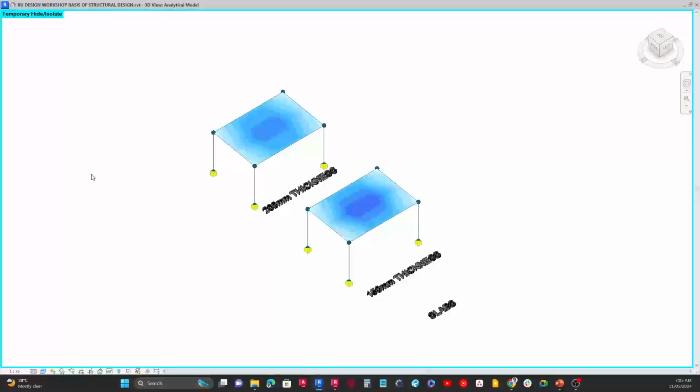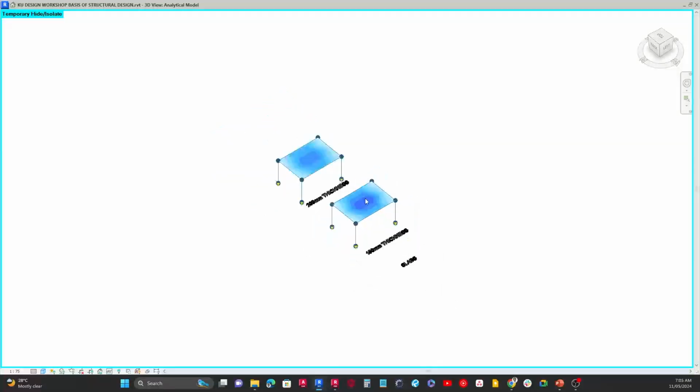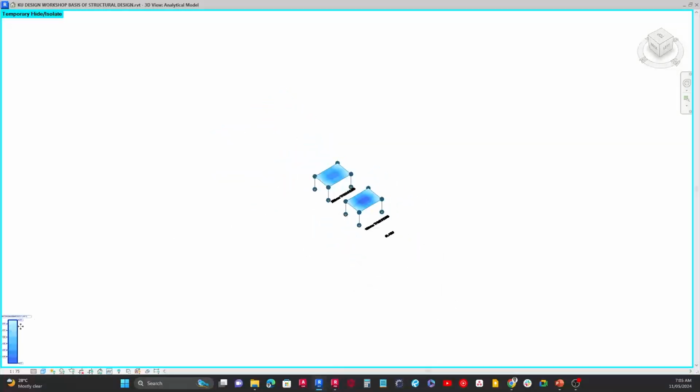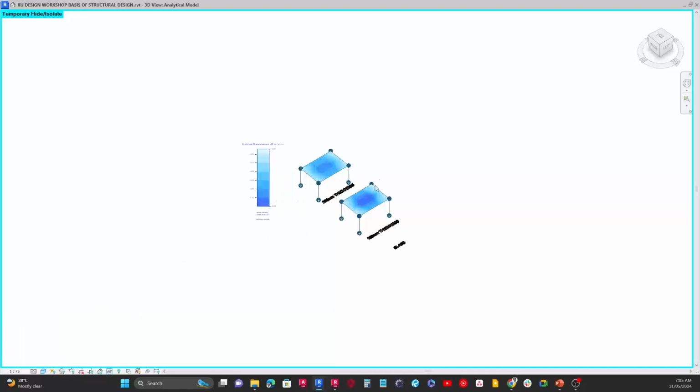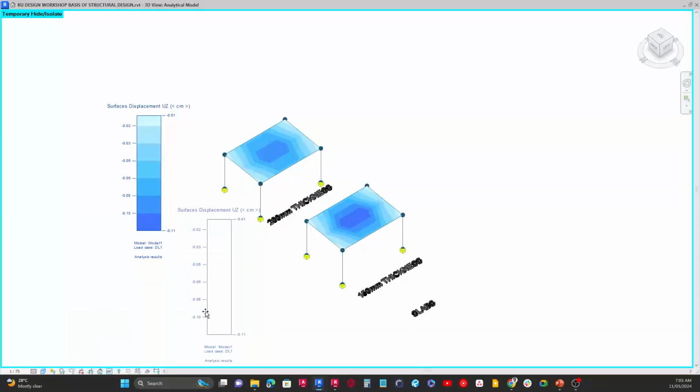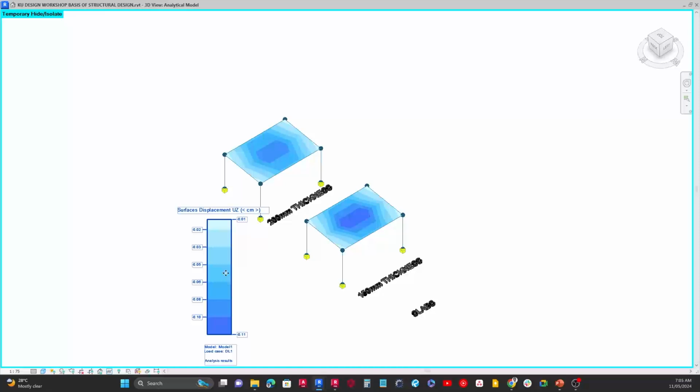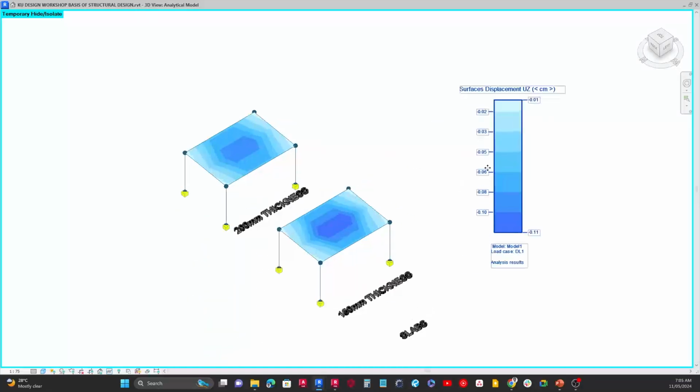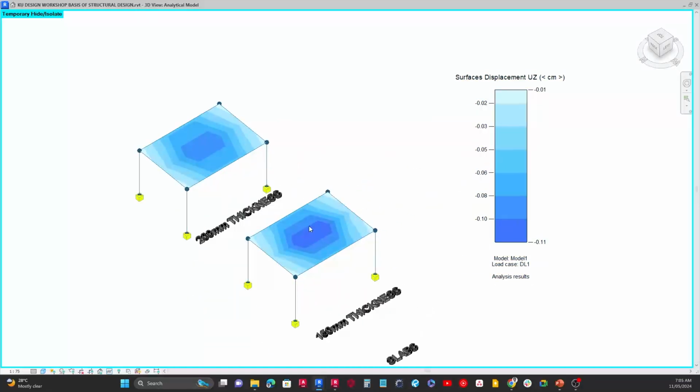If I look at this, we can see that they have displacement. Let's drag this map out here. You can see the displacement on the slab over here.